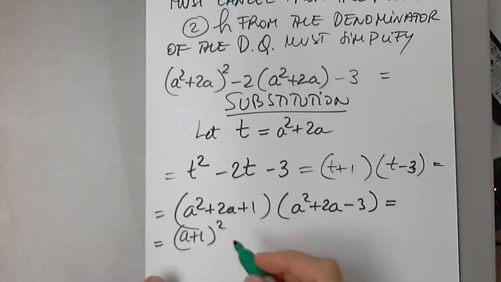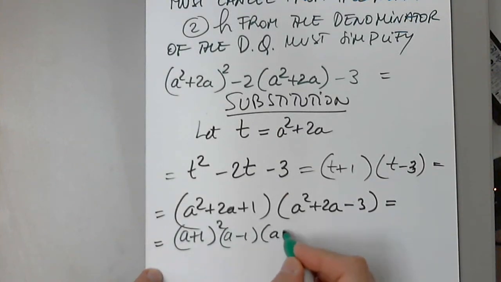And how do we factor a squared plus 2a minus 3? a minus 1, a plus 3, or a plus 3, a minus 1. The order is not important. Any questions? Everything okay so far?